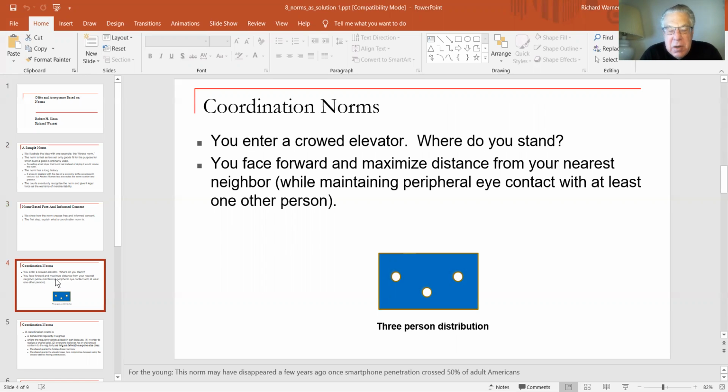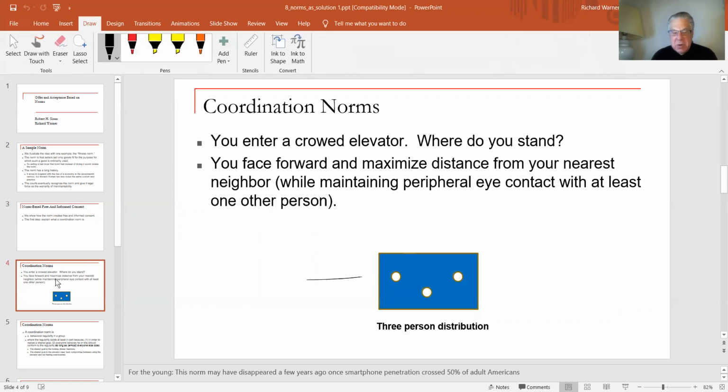Where do you stand? Well, you see down at the bottom here, this is the three-person distribution. Let's make it a little easier to see. If these two people are already in the elevator, where do you stand?